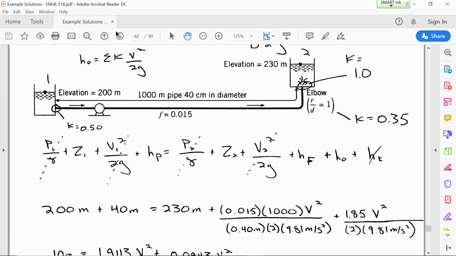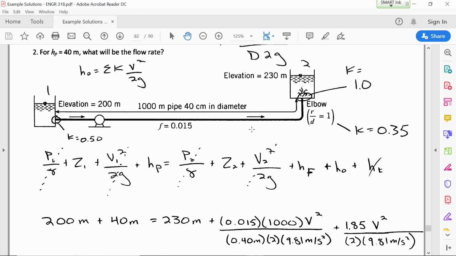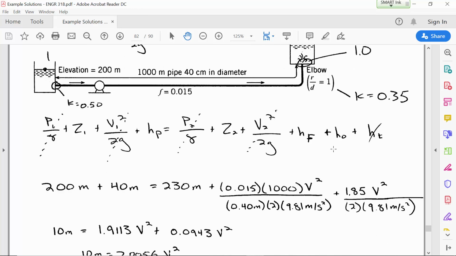Okay, so for the calculations, if we add up the K values like we saw on the board, it's going to be 1.85 is the sum of the 3 K values, the one at the entrance, the exit, and the elbow. And then substituting the given information into the Darcy-Weisbach way of estimating the friction loss, we've got the friction loss coefficient of 0.015, the length of the pipe, the diameter, and then 2g also down in the denominator.